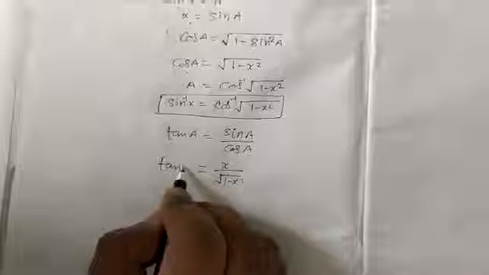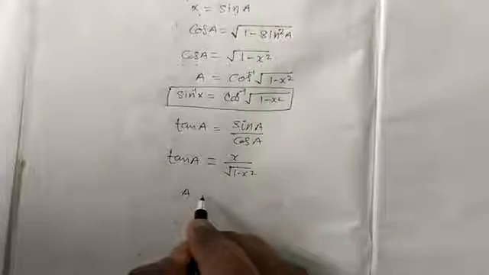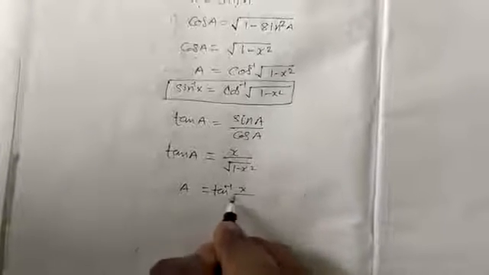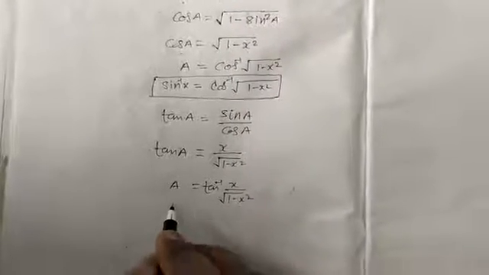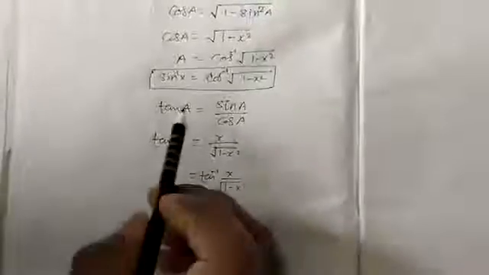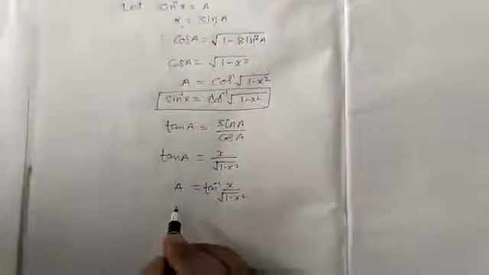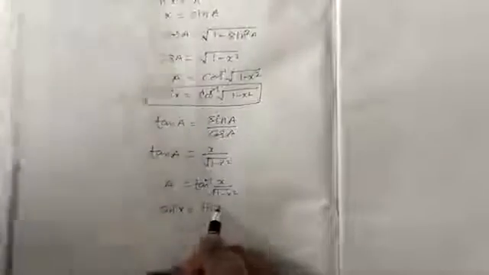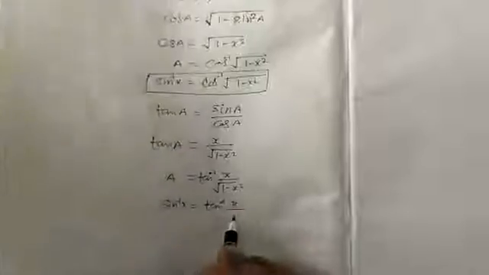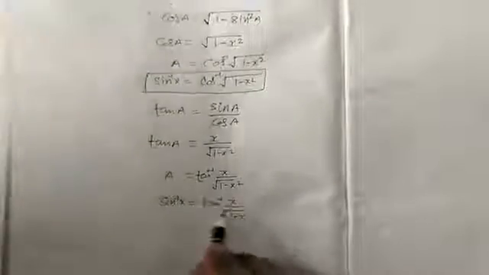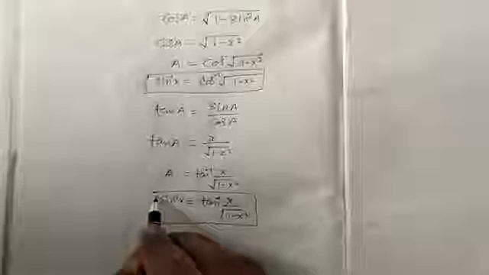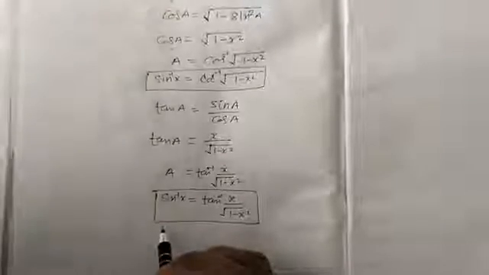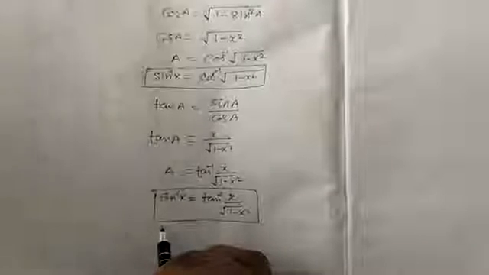This is equal to tan A. Now we can write the value of A, this is tan inverse x upon under root 1 minus x square. Now substitute the value of A. The value of A is here in the first line, sin inverse x. Now substitute: sin inverse x is equal to tan inverse x upon under root 1 minus x square. By this method we can convert any inverse trigonometric function into another inverse trigonometric function.